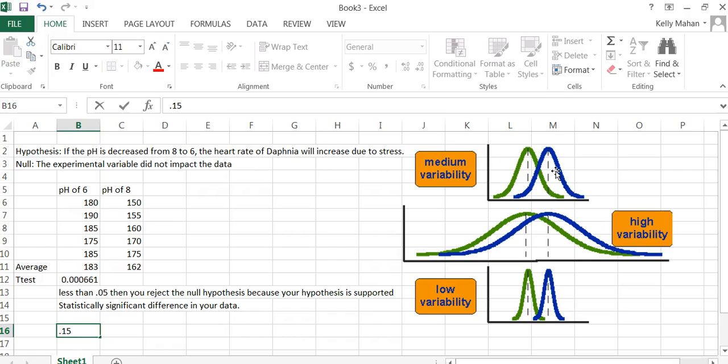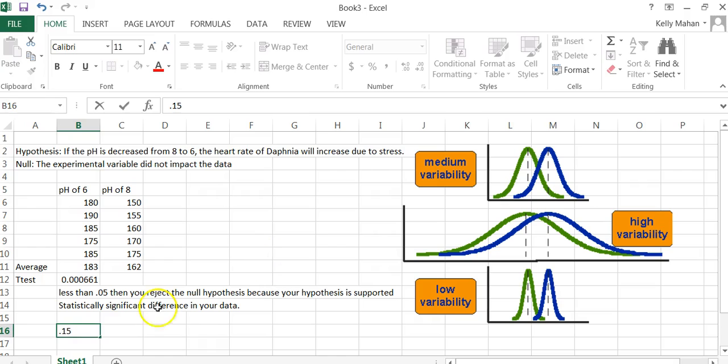So there's an 85% chance that my two pieces of data are statistically significant, right? You might think 85%, that's pretty good. That's like a B. But in science, no way. We only accept 95% or better. So think of scientists as wanting an A, a solid A, 95% or better certainty that the two groups are statistically different.